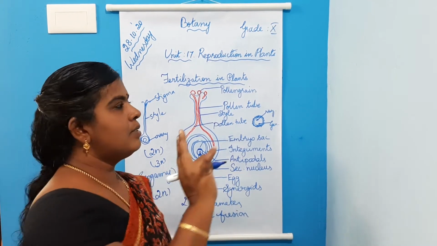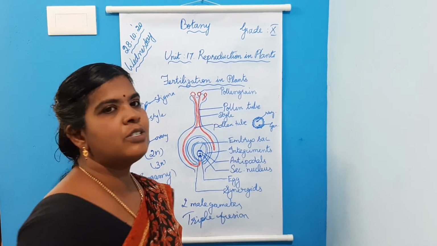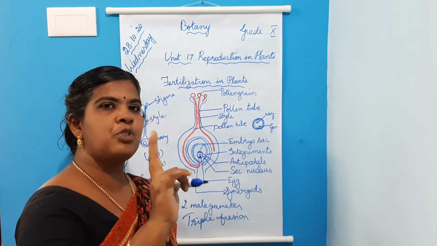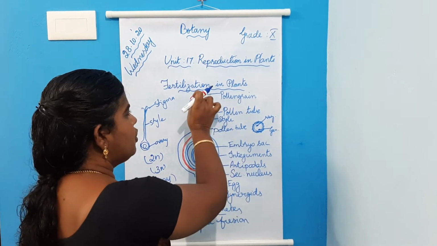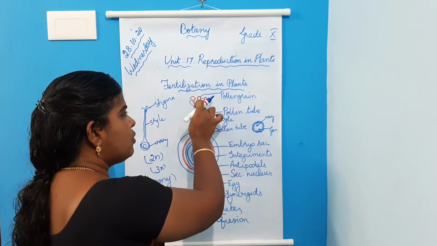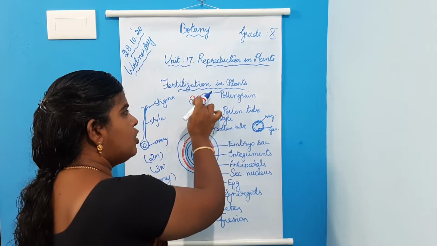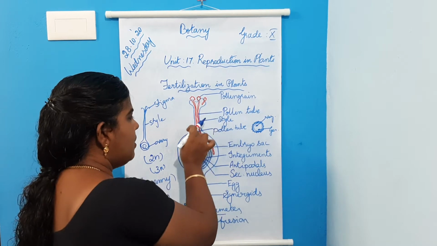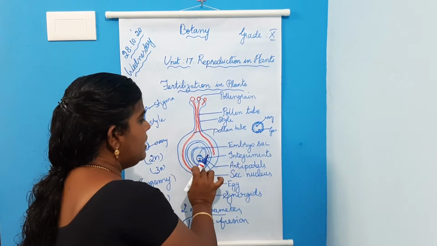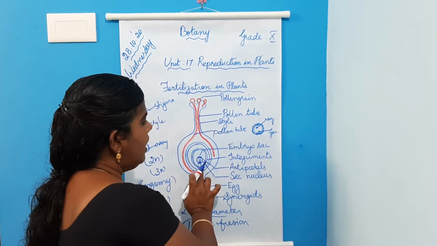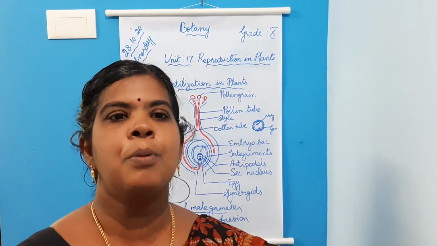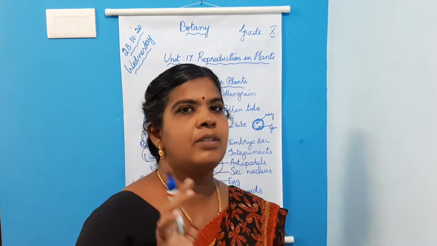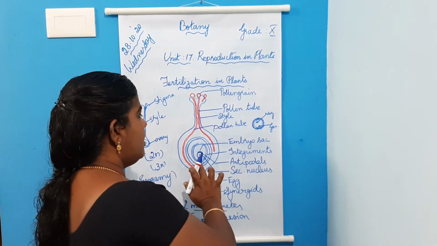The vegetative cell degenerates and the generative cell divides into two and forms two male gametes. The pollen tube grows through the tissues of the style and stigma and reaches the micropylar end. At the time of fertilization, the pollen tube bursts open and the two male gametes are liberated.